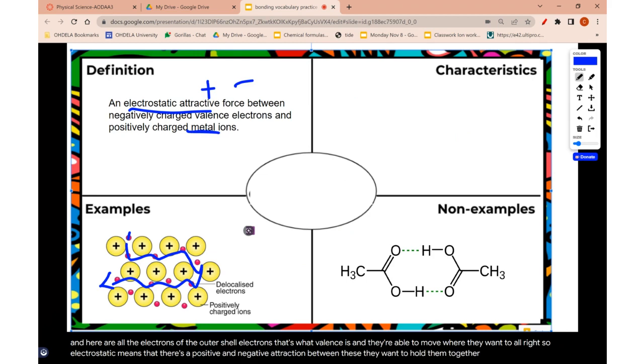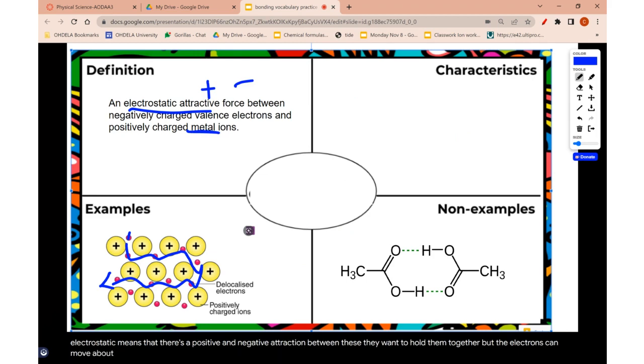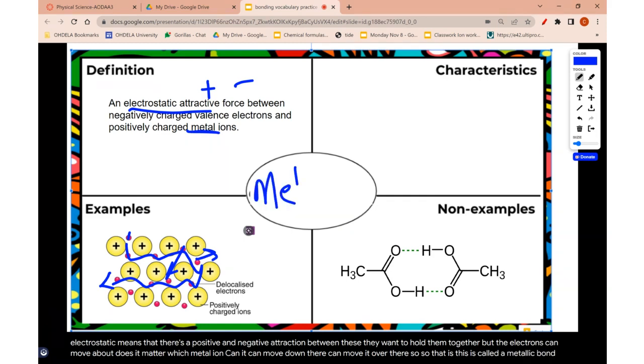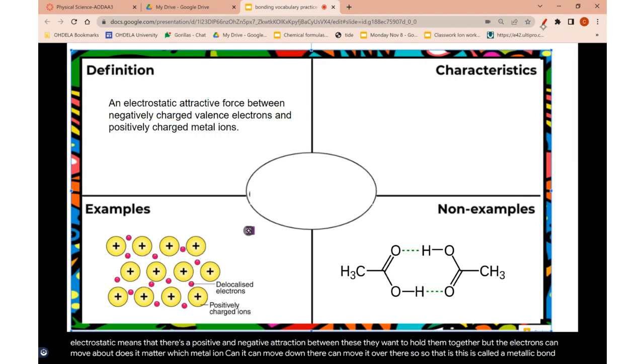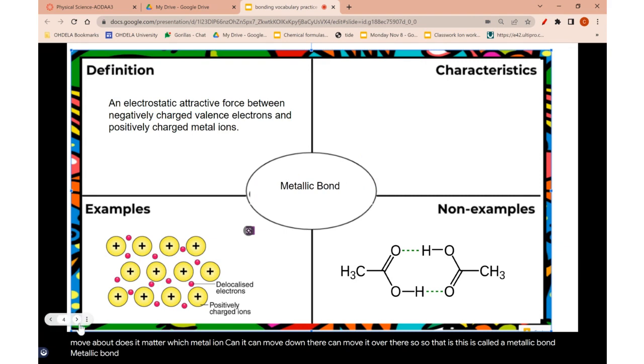You want to hold them together, but the electrons can move about. It doesn't matter which metal ion. It can move down there, it can move over there. So this is called a metallic bond.